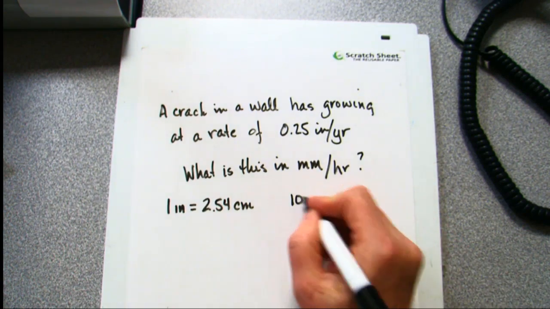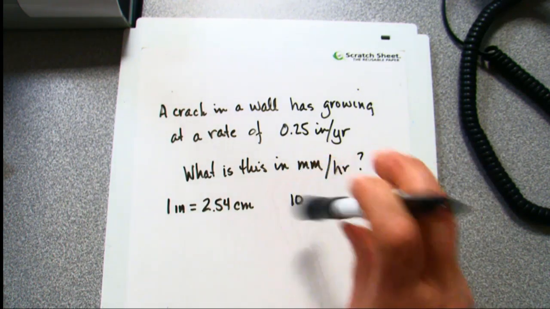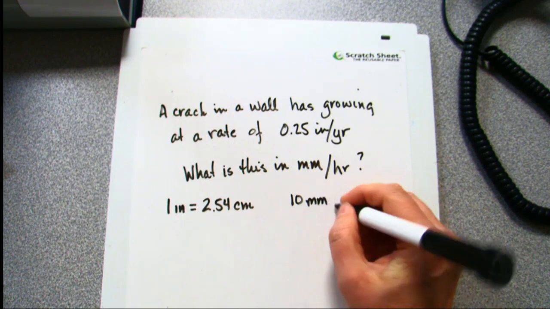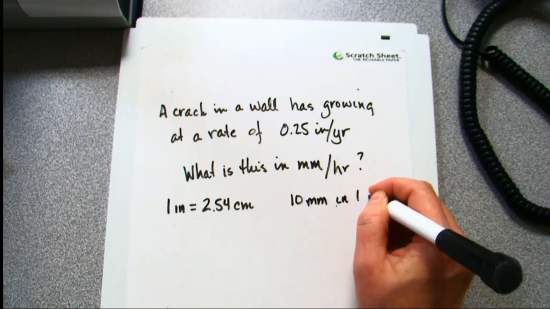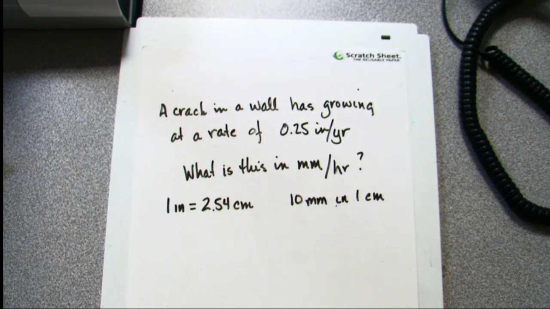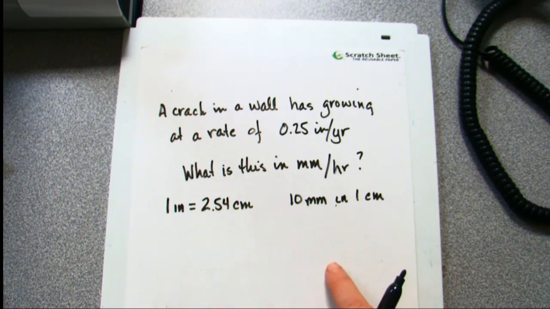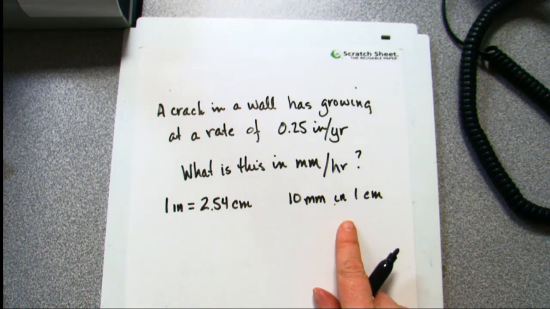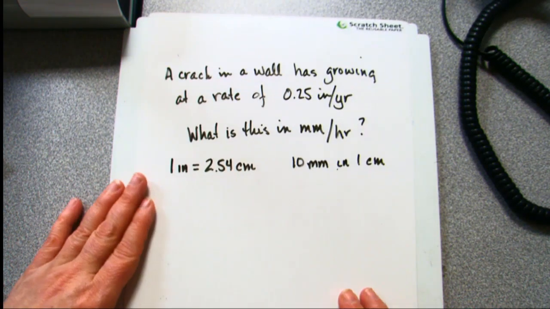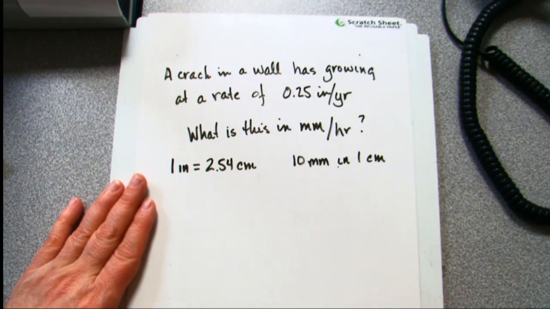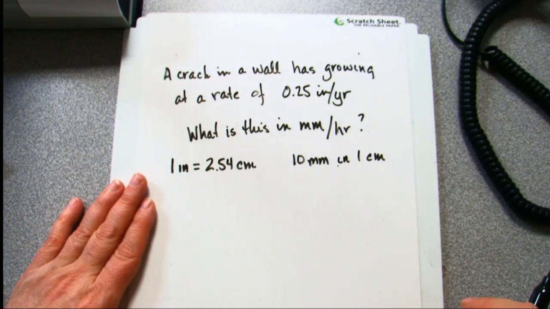And there are 10 millimeters in 1 centimeter. Okay? 2.54 centimeters is equal to 1 inch. And I got 10 millimeters in a centimeter, which is why we like the metric system, because I can do all these conversions all the time. And also, if you want to get a refresher, because you probably haven't used them in a while.